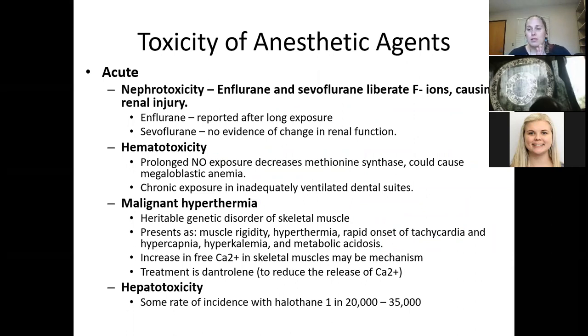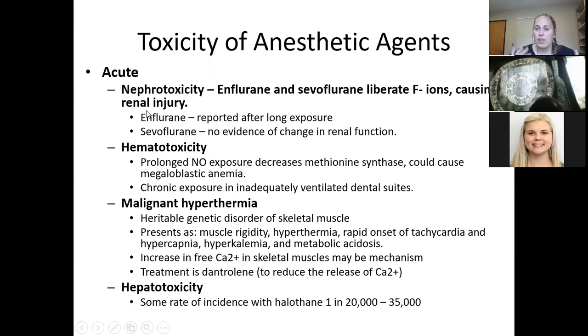When we talk about there wanting to be a wide margin of safety, there is some toxicity that's related to the use of some of these anesthetics. So nephrotoxicity: enflurane and sevoflurane liberate fluoride ions, and this can cause renal injury. So these fluoride ions are released in both of these instances. And fluorine, there has been some evidence of toxicity after long exposure.